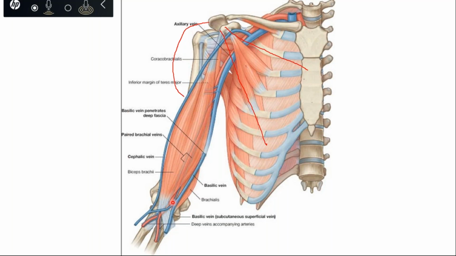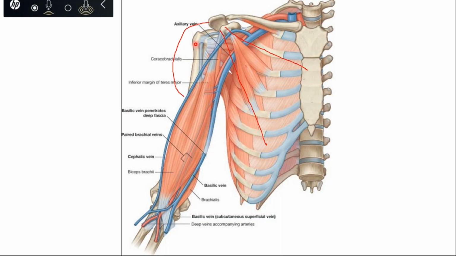Here it ascends medially along the biceps brachii, and then here it pierces through the deep fascia. Then it passes a bit deeper to the deep fascia. And here there will be another muscle, which is once again not shown, which is the teres major.